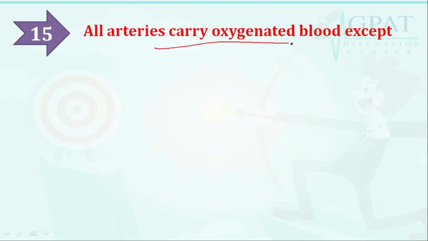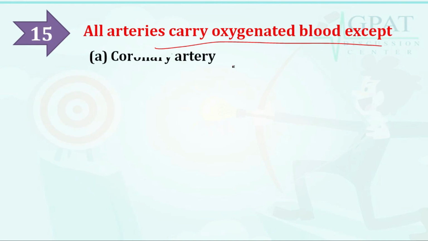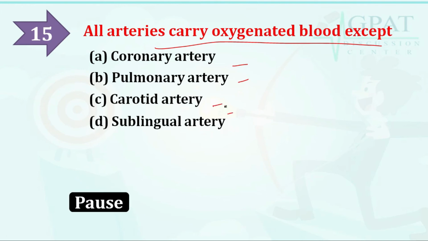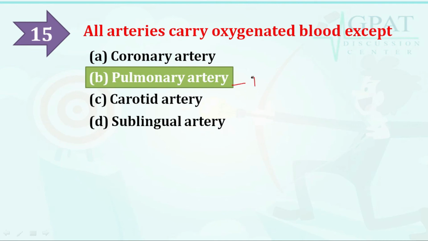All arteries carry oxygenated blood except, option A coronary artery, option B pulmonary artery, option C carotid artery, option D sublingual artery. So all arteries carry oxygenated blood except the pulmonary artery. The pulmonary artery carries deoxygenated blood.